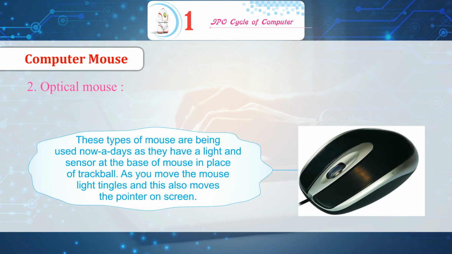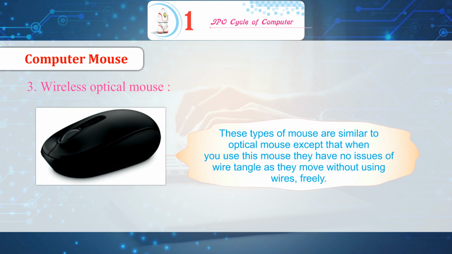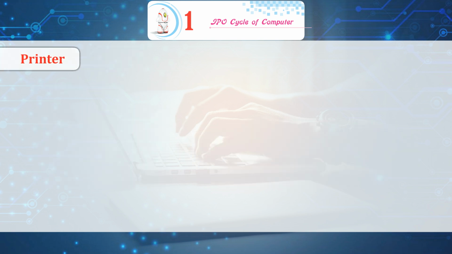This type of mouse is used nowadays as it has a light and sensor at the base of the mouse in place of a trackball. As you move the mouse, the light tingles and this also moves the pointer on screen. 3. Wireless optical mouse. This type of mouse is similar to the optical mouse except that it has no issues of wire tangle as it moves freely without using wires.